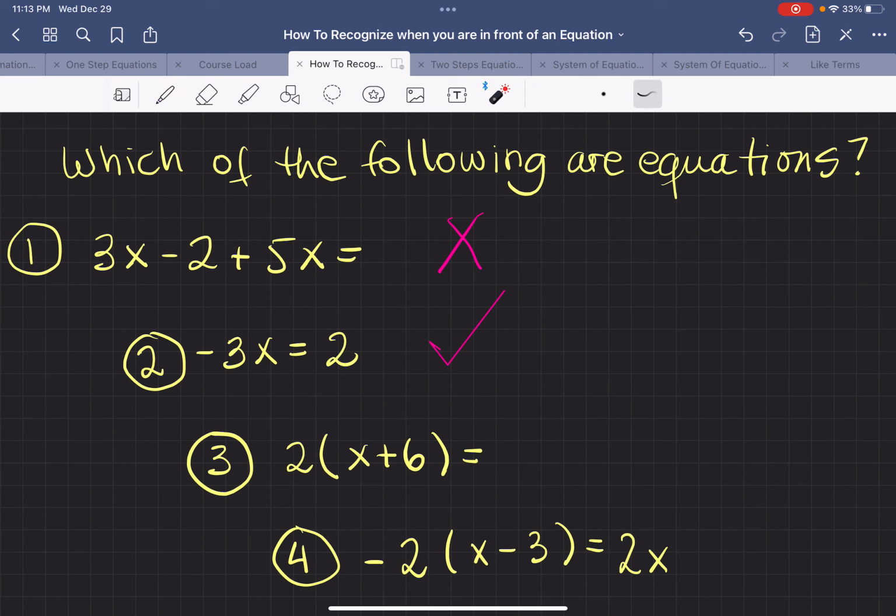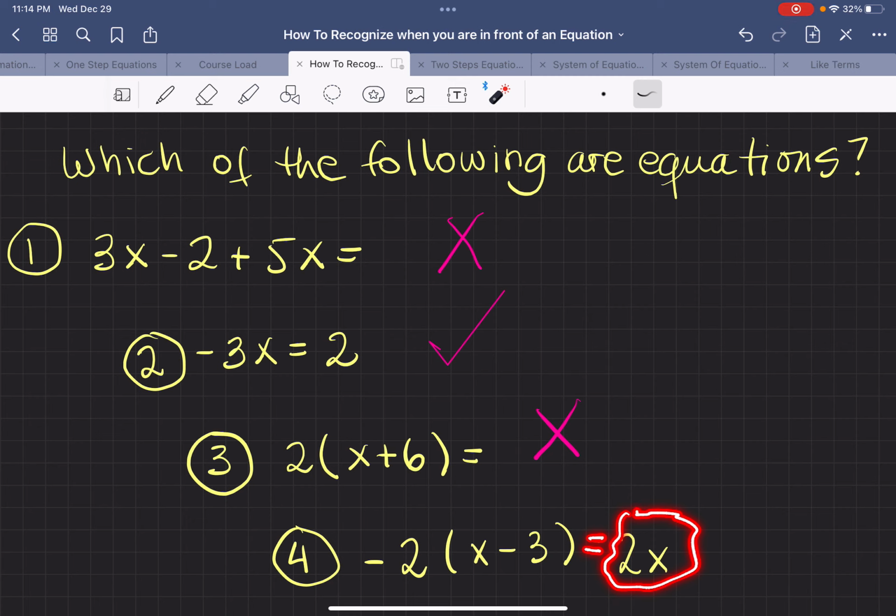Let's see the third one. I do have parentheses as an expression. I have variables. This could look pretty much like an equation, but it's equal to nothing. So this is not an equation. Let's go to the last one. Well, I have a variable. In fact, I have variables on both sides, but the important thing here is that this is equal to something.